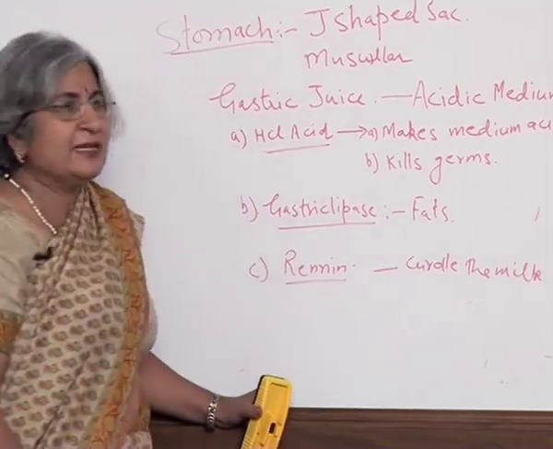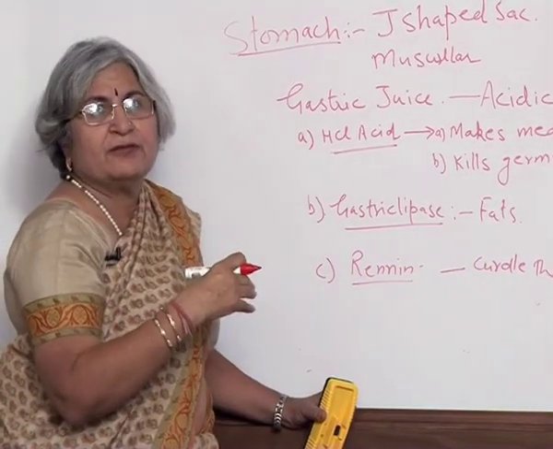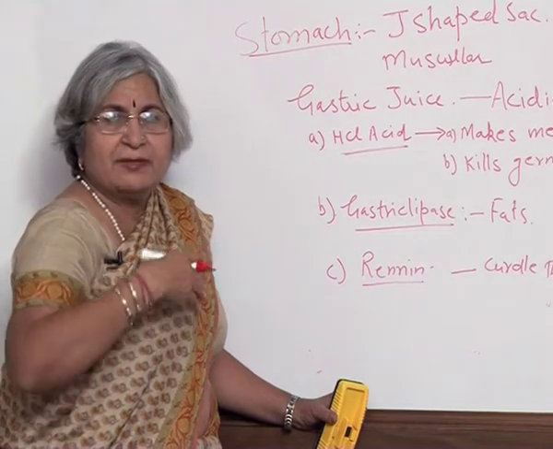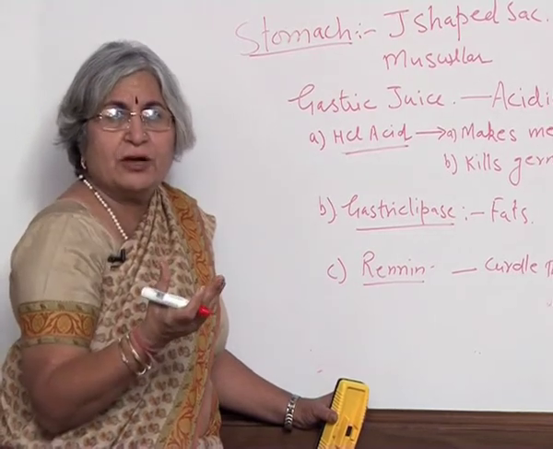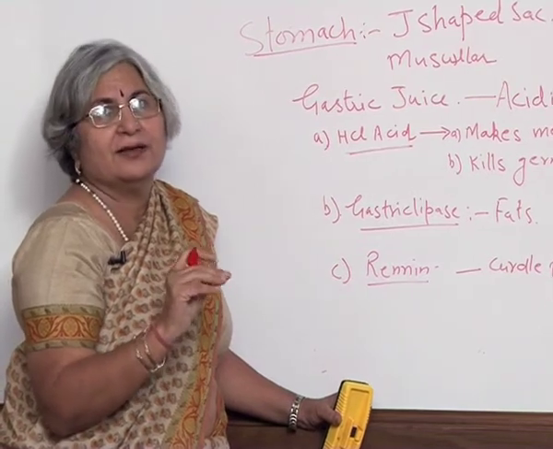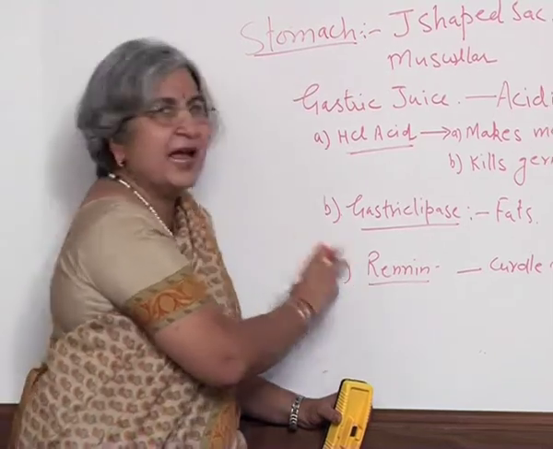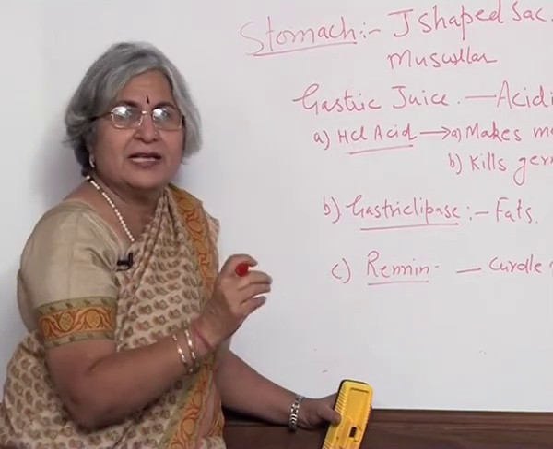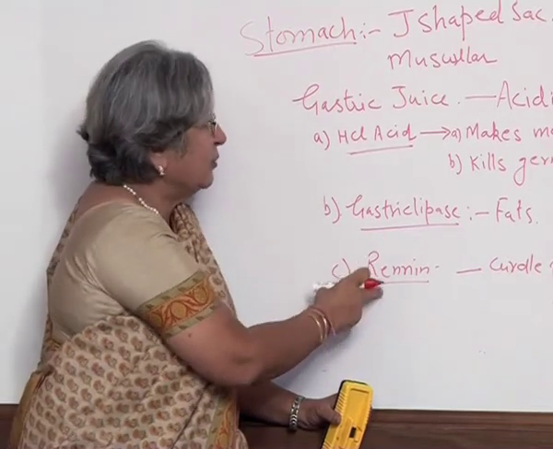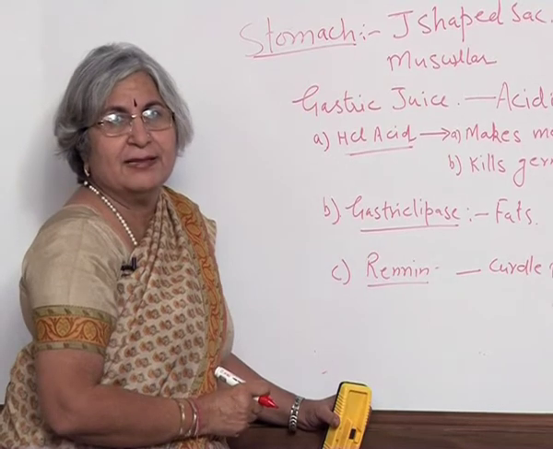In infants, the milk stays in the stomach for quite some time. If small children puke and what comes out is milk, mothers say the milk was not digested. But if it comes in curdled form, that means renin has acted on it and the milk has been digested. But these two are only there among infants and not among adults.